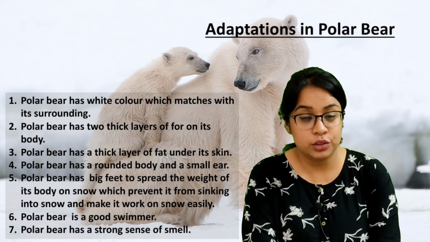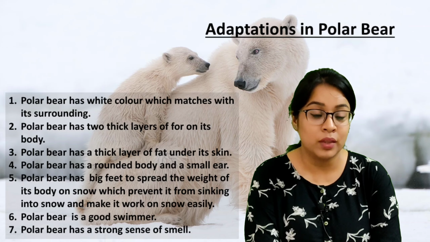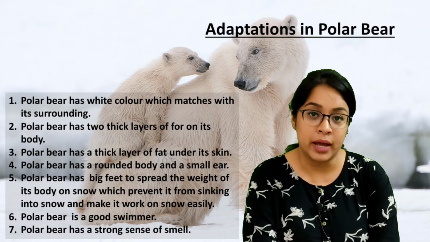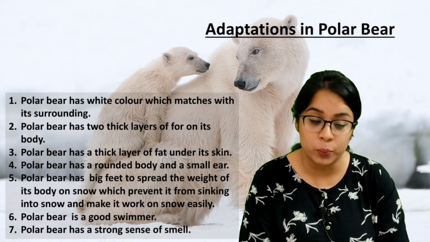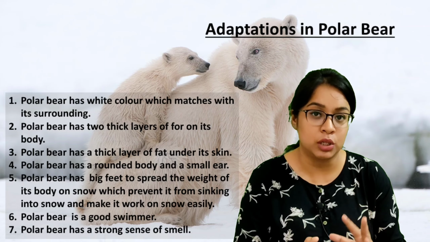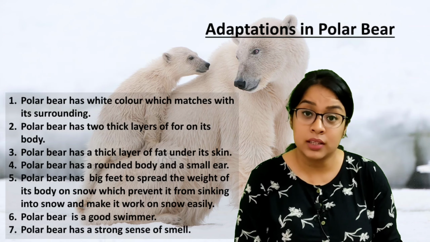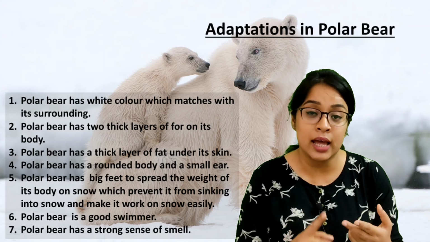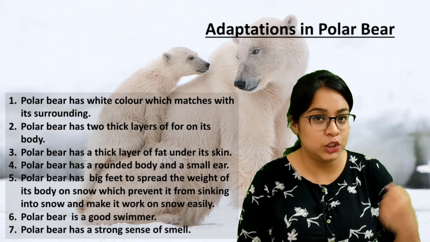The special features of the polar bear that enable it to survive in the poles are: first, they have white color. This white color matches the surroundings, which are full of snow, and that camouflages them and helps them hide and catch their prey. Next, they have two layers of fur. Now they have double protection, like wearing a sweater and then a jacket.